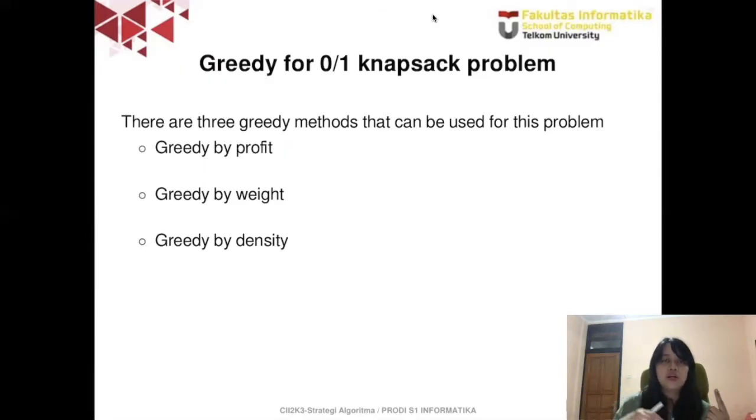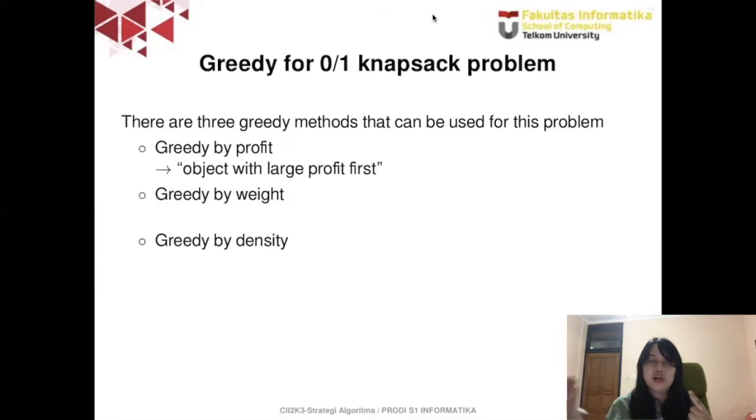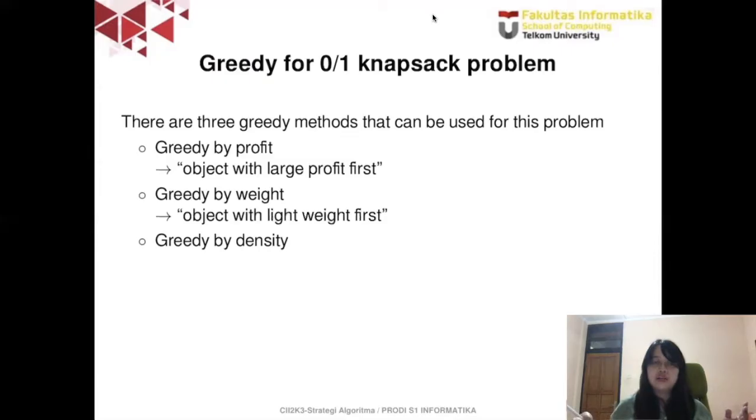So here, we want to put the largest profit first into the knapsack. And then greedy by weight has the thought that I want to put as many items as I can in the knapsack, with the thought that if I have a large number of items, then I will have a large profit. So here we choose an object with the lightest weight first.